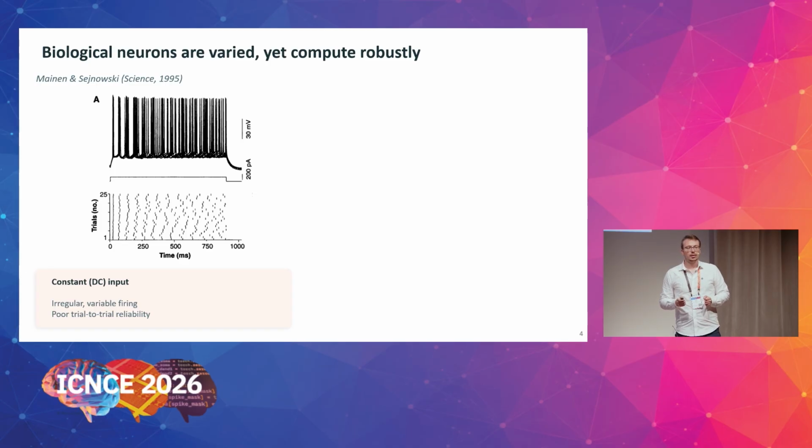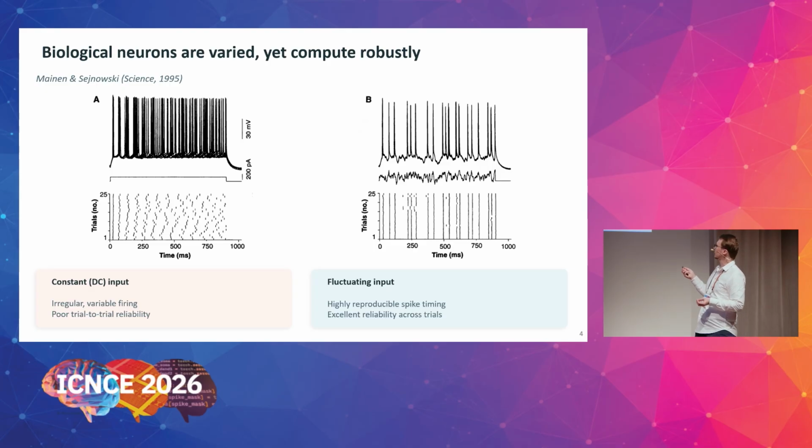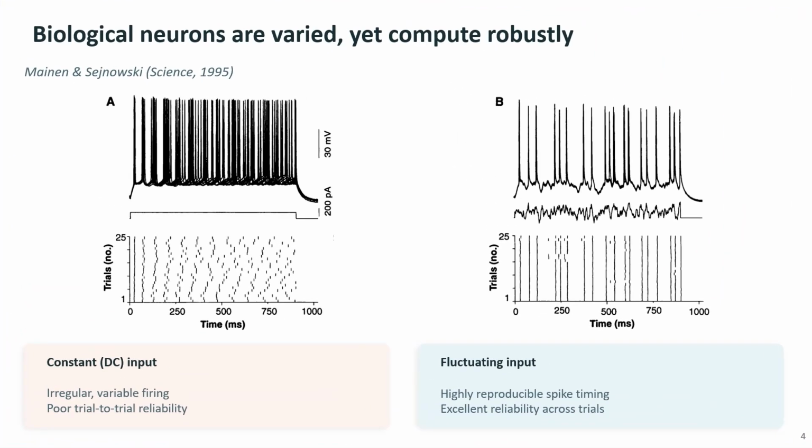But then they had the idea to take a time-varying input. They took white noise, they froze it across different trials, so they were using the same seed. And what did they get? Well, across trials, the spike rasters here almost look like vertical lines. There was excellent reproducibility across the different trials.